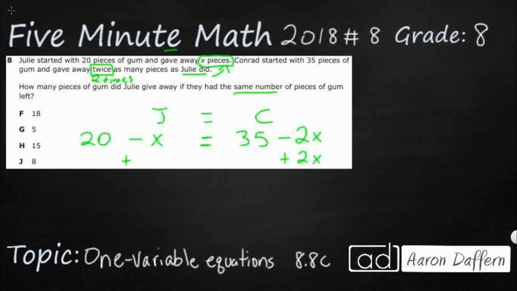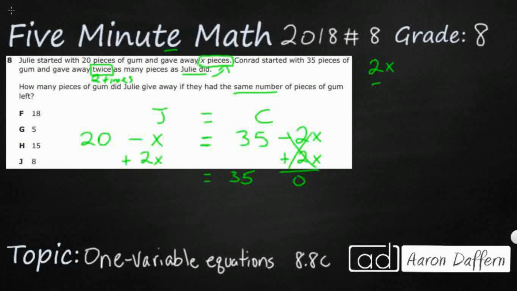If I add 2x to both sides, well, negative x minus 2x, that's going to cancel itself out, right? That's just going to zero out. But we'll leave 35 here. Negative x plus 2x. Now, if that's not apparent to you, you can easily just flip that, right? You can use the commutative property.